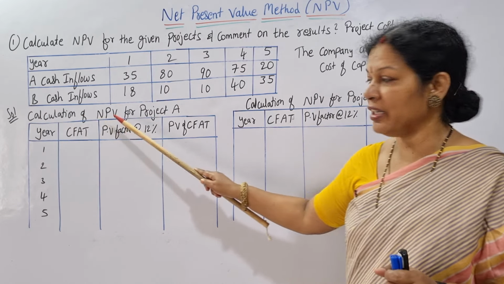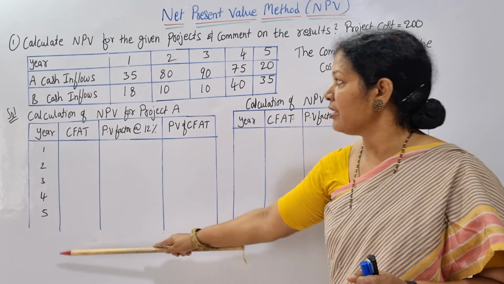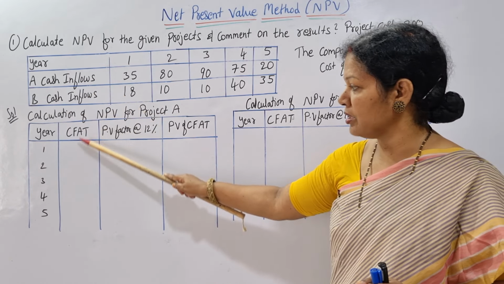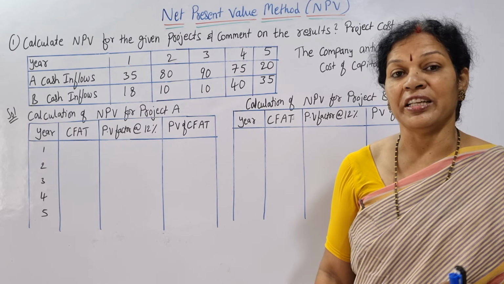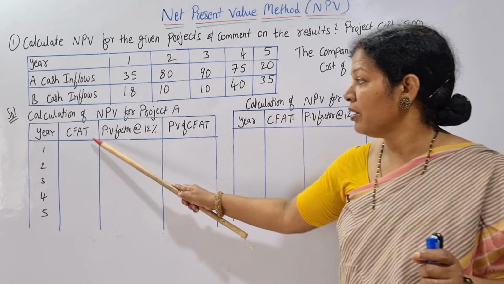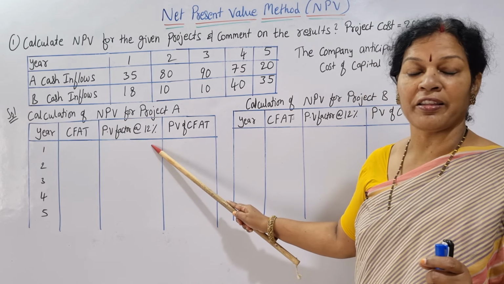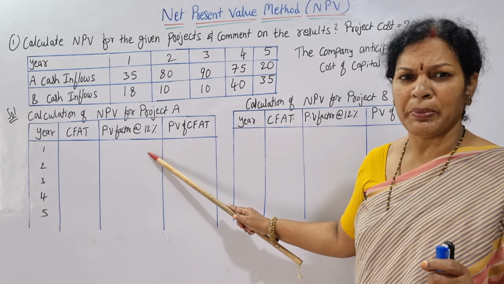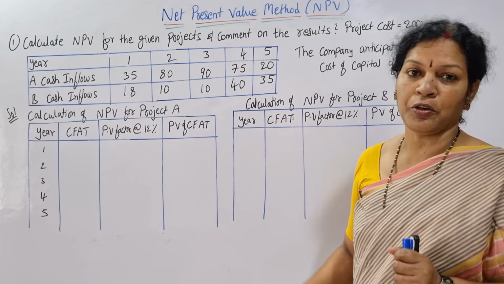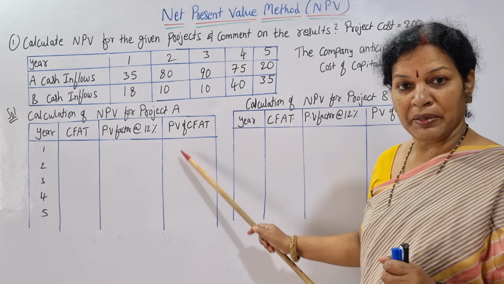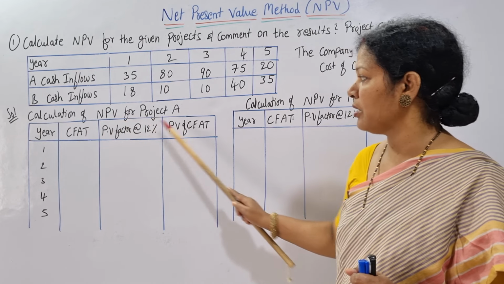Now NPV for project A. I have written a heading, calculation of NPV for project A. We are writing year and cash inflow after tax, CFAT. The next column is PV factor at the rate of 12%, PV meaning present value. And the last column is PV of CFAT, obtained by multiplication.